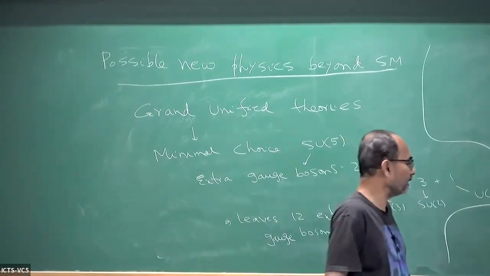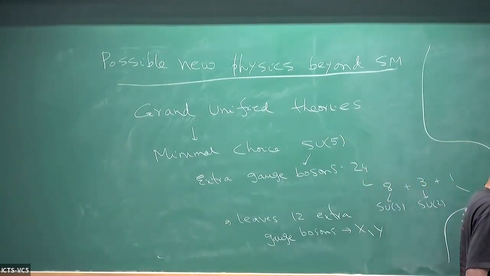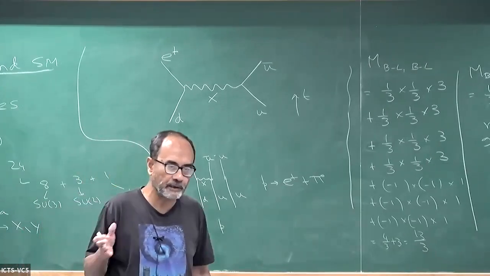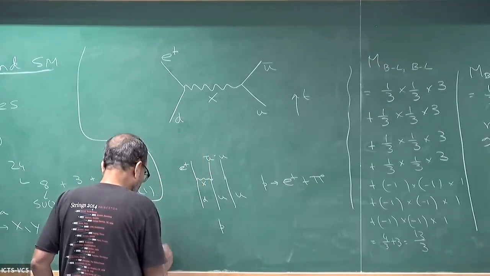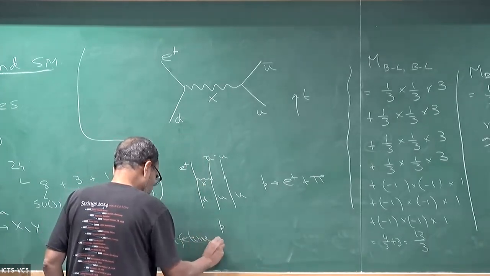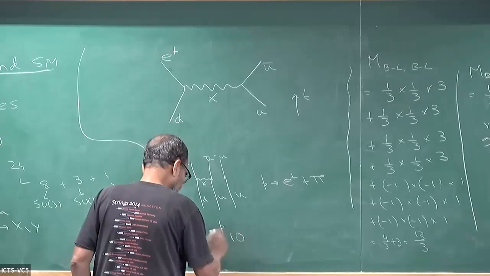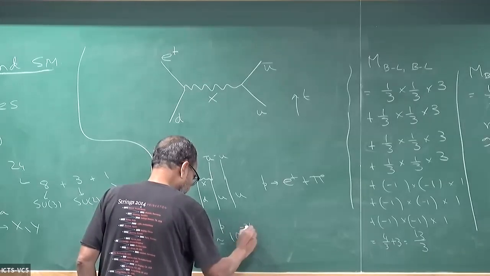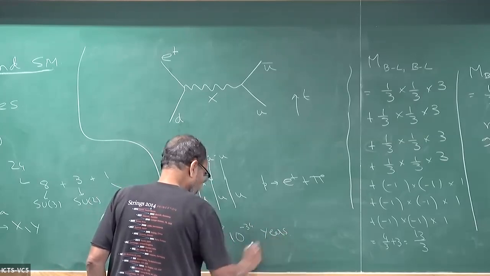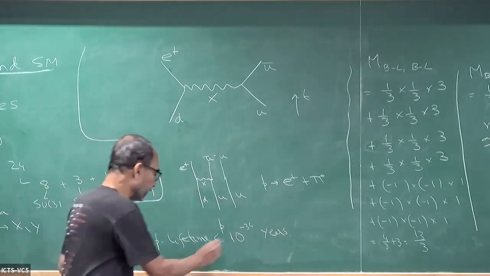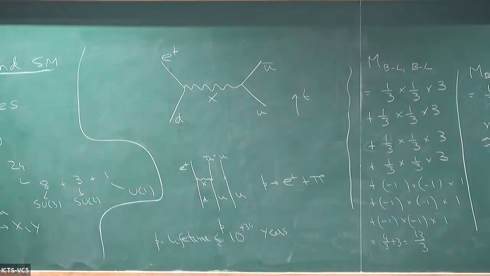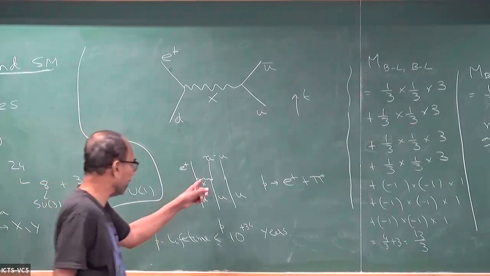In fact, this process is used to put a limit on how massive the X boson could be, because we know that proton is very stable, right? The proton lifetime is greater than or equal to 10 to the plus 34 years, which means proton is very, very stable, and that puts a limit on the X boson mass.